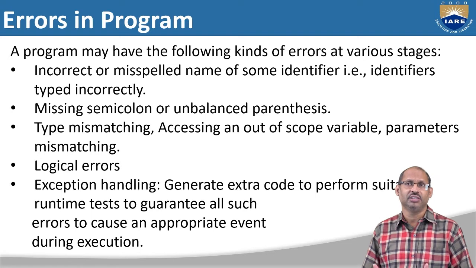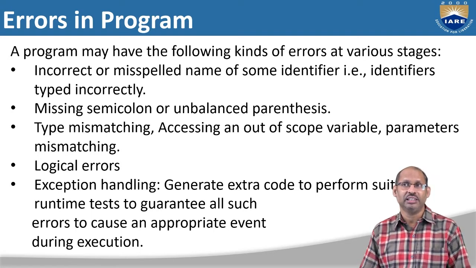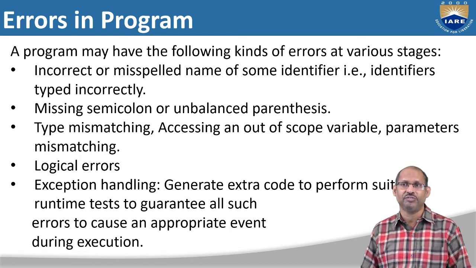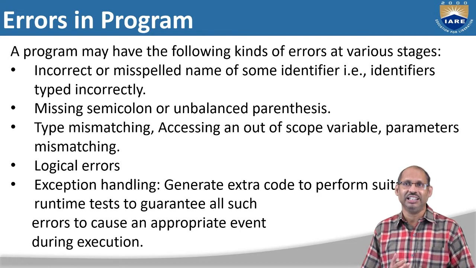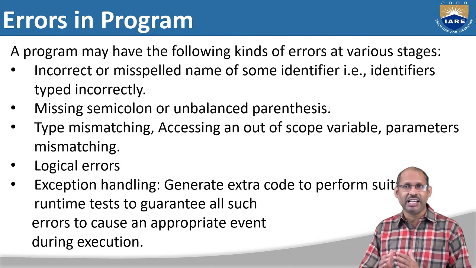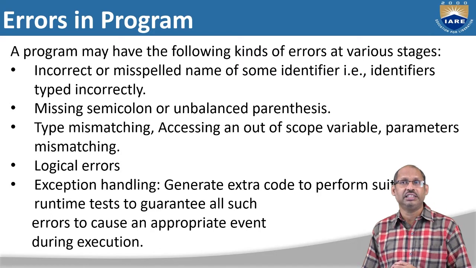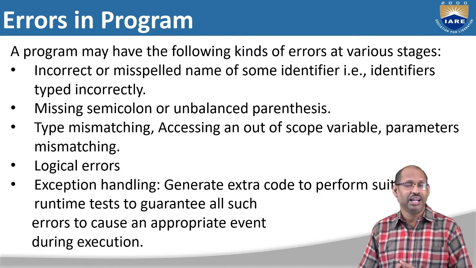So the first one is the incorrectly spelled names of identifiers. These are verified in the first phase of the compiler, that is, the lexical analyzer, because the task of the lexical analyzer is to read the source program character by character and group the lexemes into tokens. All such incorrect, misspelled identifier names will be found in the lexical analyzer.